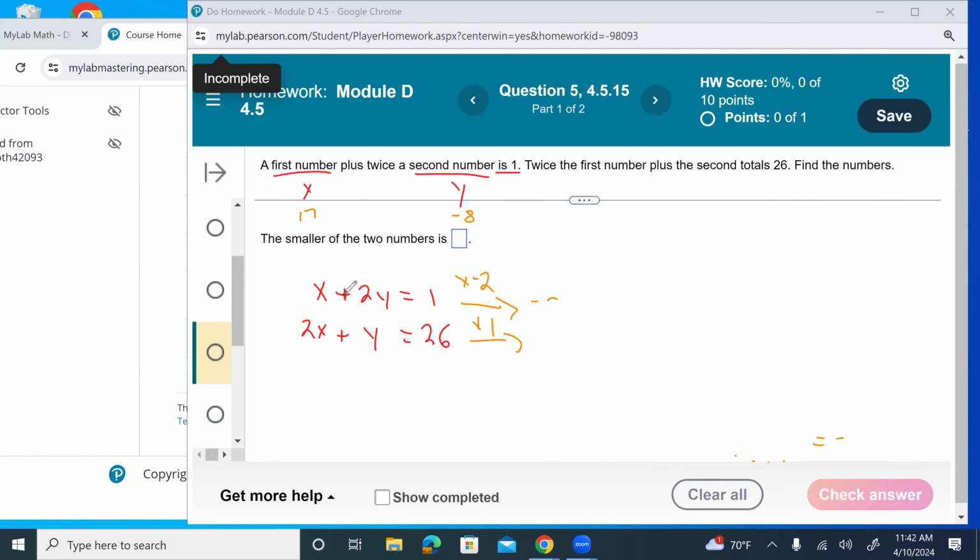So I would get -2x minus 4y equals -2, and 2x plus y equals 26. They eliminate: -3y equals 24, y equals -8. You get the same, of course. That seems like an easier way. Sure was way easier.